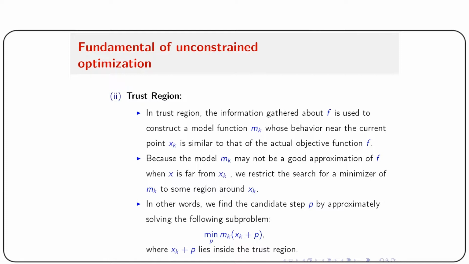Because the model mk may not be a good approximation of f when x is far from xk, we restrict the search for a minimizer of mk to some region around xk. In other words, we find the candidate step p by approximately solving the following sub-problem: minimize over p the model mk of xk plus p, where xk plus p lies inside the trust region.